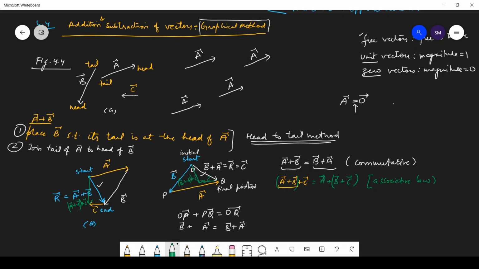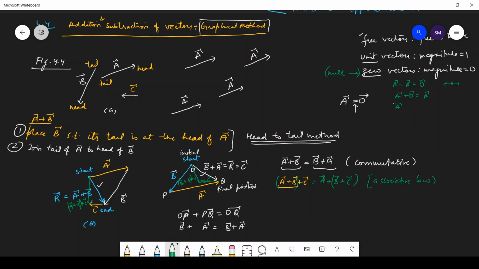So vectors follow both these laws, and I have discussed the zero vector. You can also call it null vector. So how do you get this null vector? Vector A minus vector A is the zero vector. Like you are applying equal forces in this direction and in this direction, so the net force will be zero. Now if you add this zero vector with any vector, the result is not going to change.